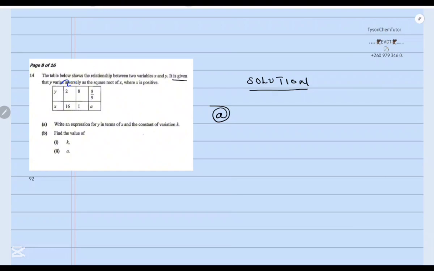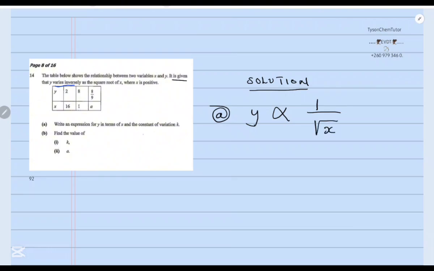Here is the key part, inversely. When you see the word inverse, they mean 1 over something. So that's the inverse part, as the square root of x.